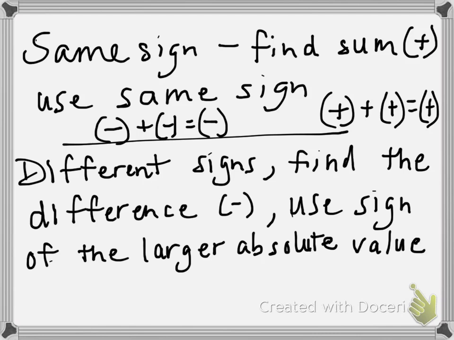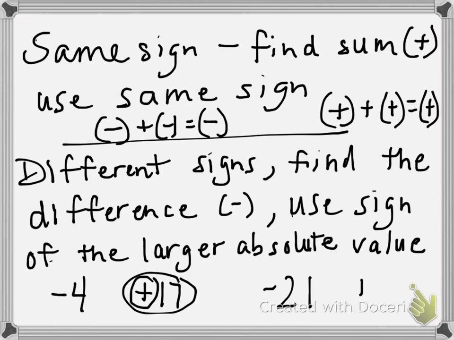So use the sign of the number that is farther away from 0. So for instance, if you have -4 and a positive 17, 17 would be farther away from 0, so you would use the positive. If you had -21 and +4, +4 is actually a larger number, but 21 has a greater absolute value, meaning it's 21 spaces from 0. So this one, the answer would be a negative.